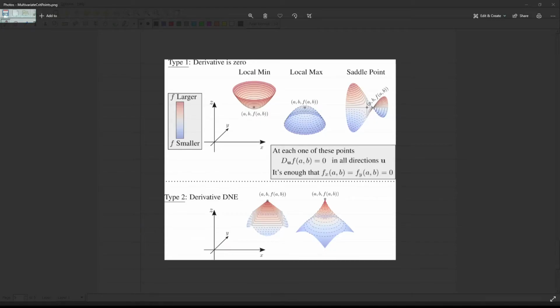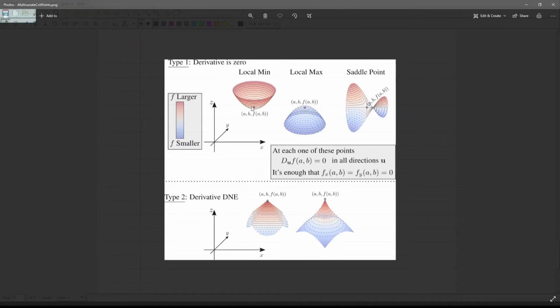So I've made a helpful image here to help us visualize these 2 different types of critical points. For critical points of type 1, we can have either a local min, a local max, or a saddle point. Now, there are many different types of saddles. We'll see a different type of saddle in one of the examples later in the lecture.